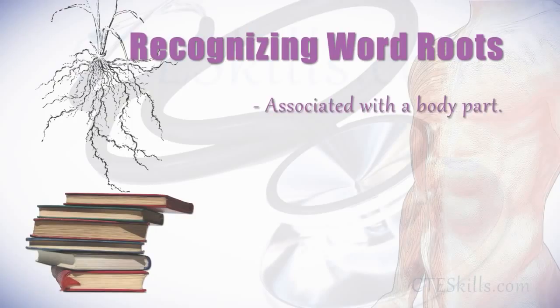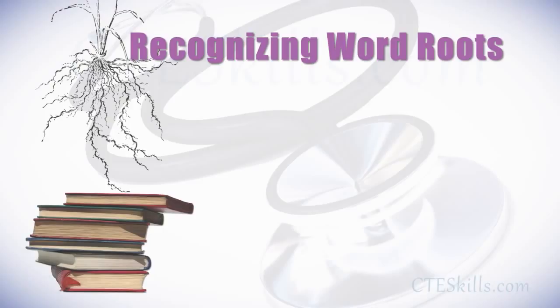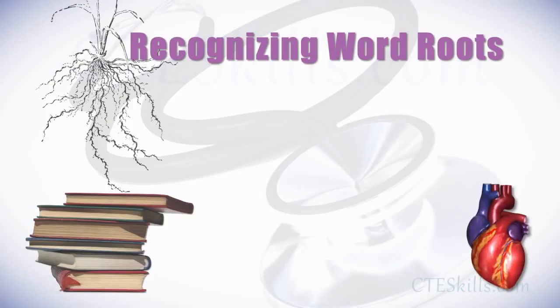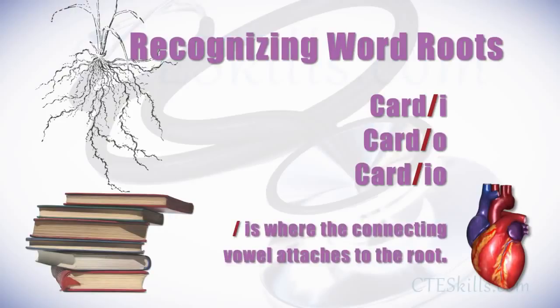Root words are frequently associated with a body part. A word root is always the subject or main topic of the medical term. For example, heart. The word root for heart is cardi, cardo, or even cardio. The slash is where the connecting vowel attaches to the root.